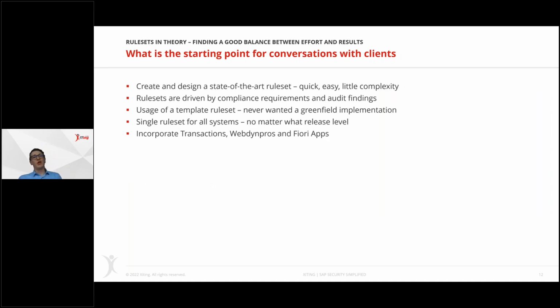So let's head into the third section, rule sets in theory. Now it's all about the question, what is actually considered to be a good balance between the effort and the results? As I said, it's all about the acceptance by the business, because the business nominates process owners. They are responsible for the processes, so they need to give the input and they need to be aware of the risks.